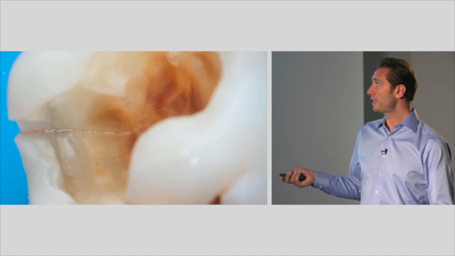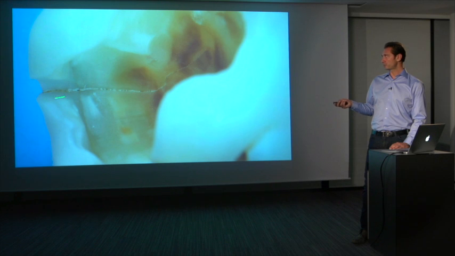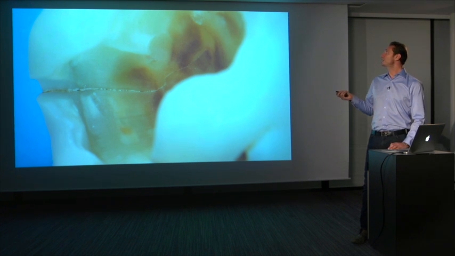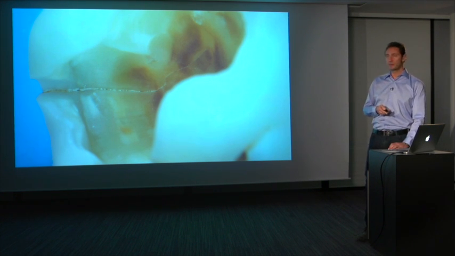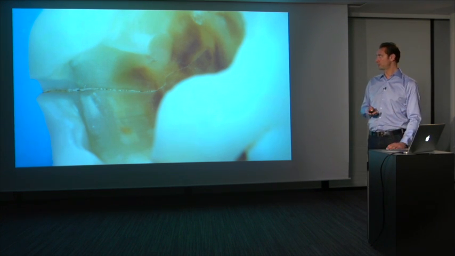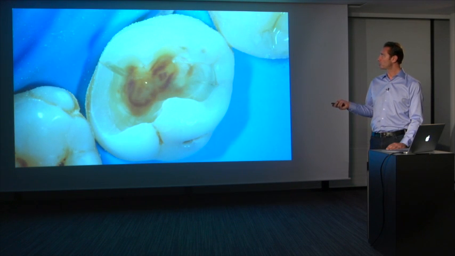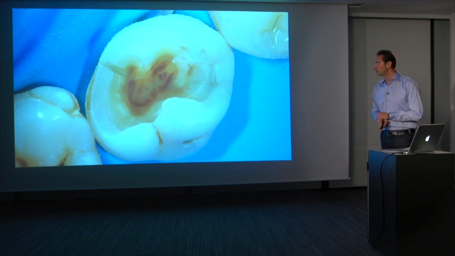So once again, the aluminum oxide particles are stuck within the fracture line. So this is reason enough, as you see that it is deep like this, to do cuspal coverage, of course, especially if it's located more closely or more to the side of the wall.